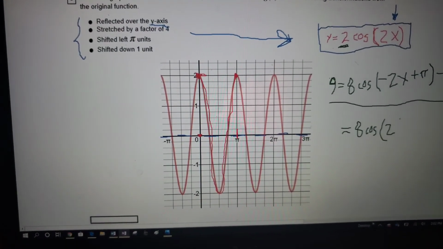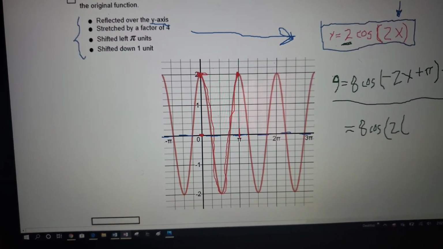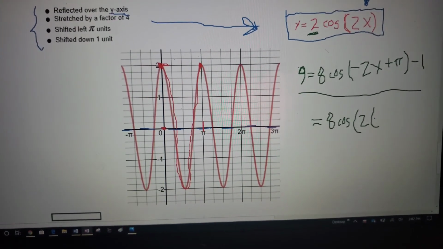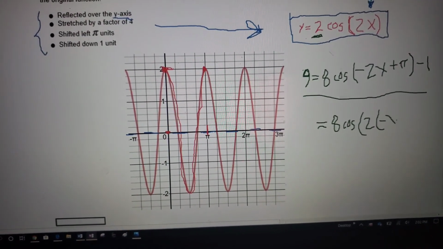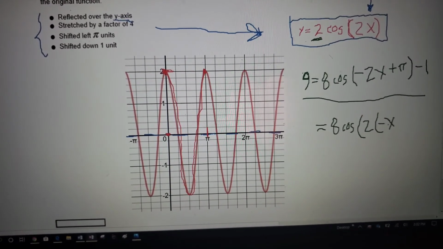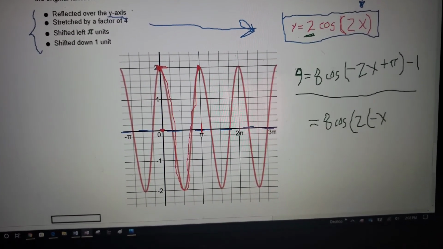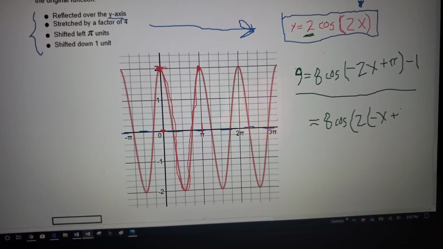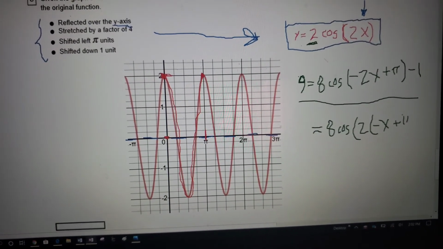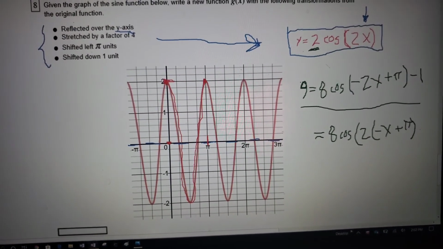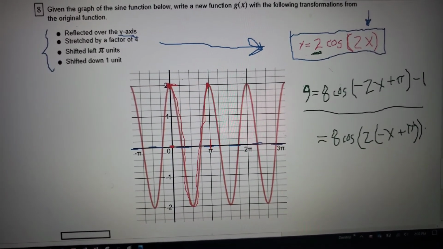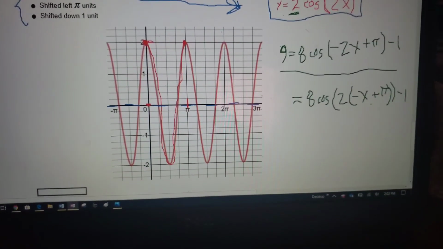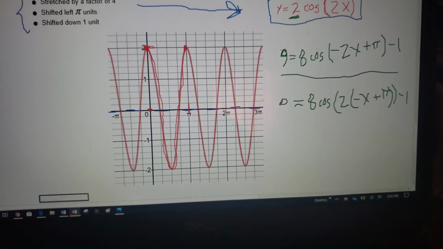Now, because we have this pi, the negative will actually go here along with x, because this negative next to x is my first one, my reflection over the y-axis. And then plus pi, and another parentheses, and then minus 1. Okay, so this is it. This is supposed to be a g.